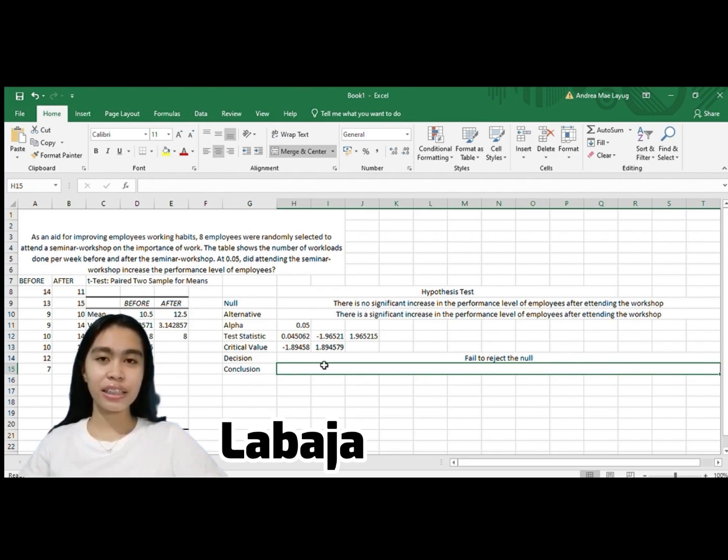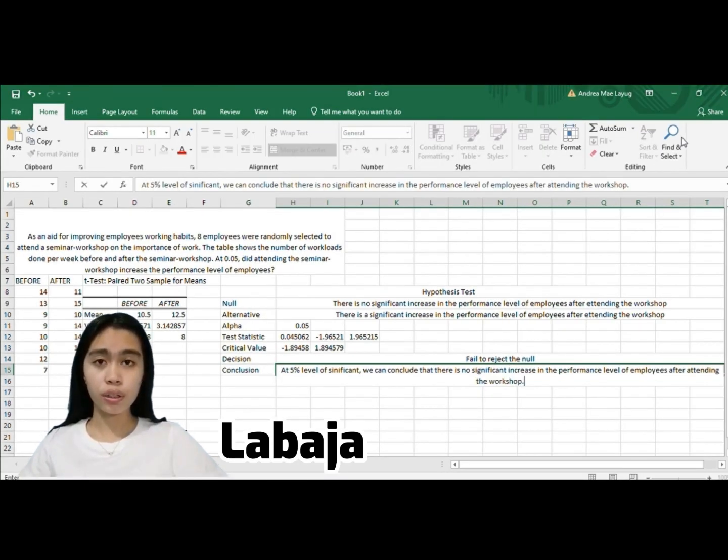For our decision, it is worth mentioning that we reject H0 if the test statistic is greater than our critical value. In this case, the approximate value of the test statistic is less than our critical value, which is 1.89. It means that we fail to reject the null.